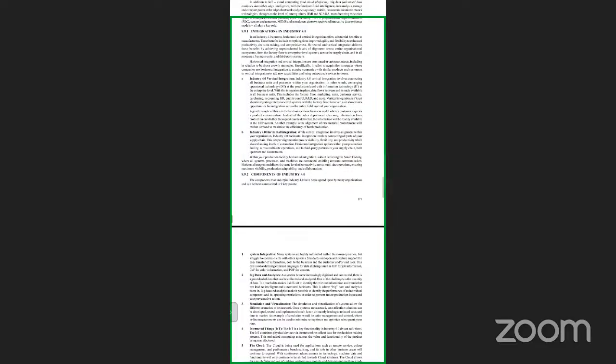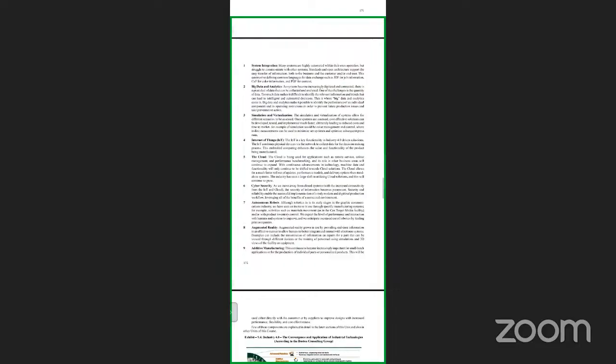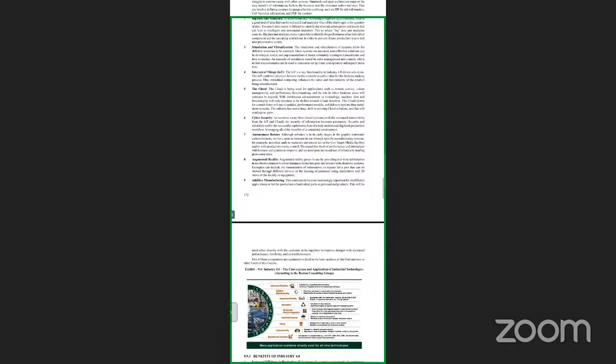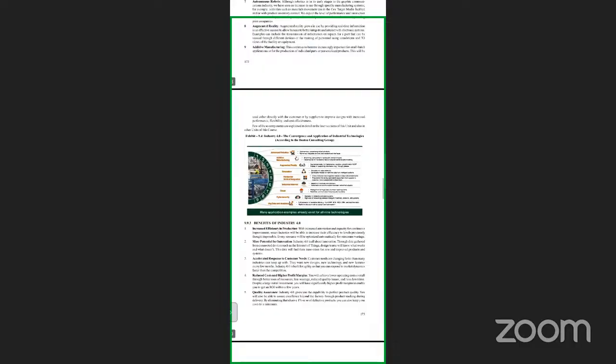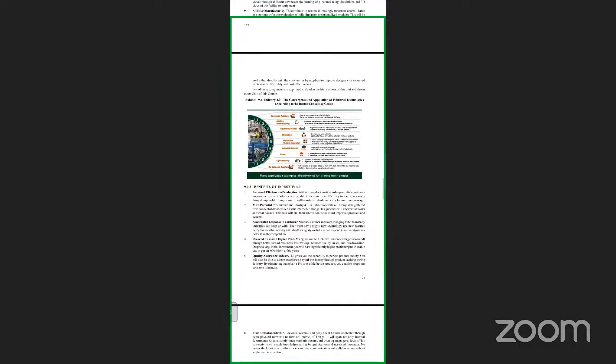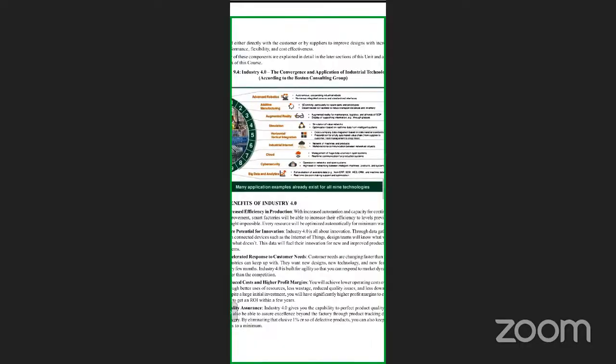both upstream and downstream. The components of Industry 4.0 are system integration, big data analytics, simulation and virtualization, Internet of Things (IoT), the cloud, cybersecurity, autonomous robots, augmented reality, and additive manufacturing. The same is explained with the help of a picture showing how each is used and where.